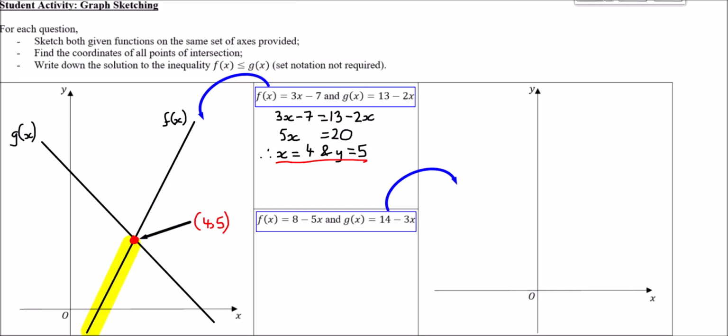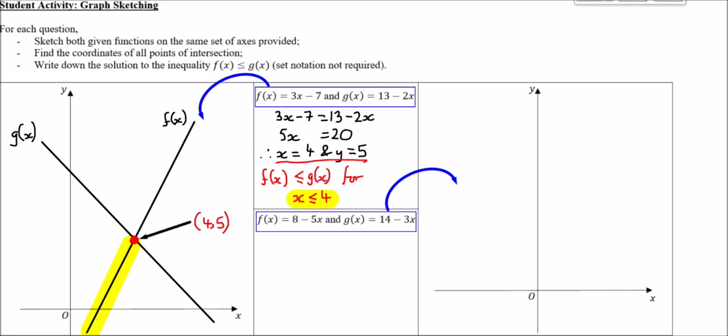And so the solution to this one, we can say that f of x is less than or equal to g of x for when x is less than or equal to 4. Which is what I've highlighted in yellow here.